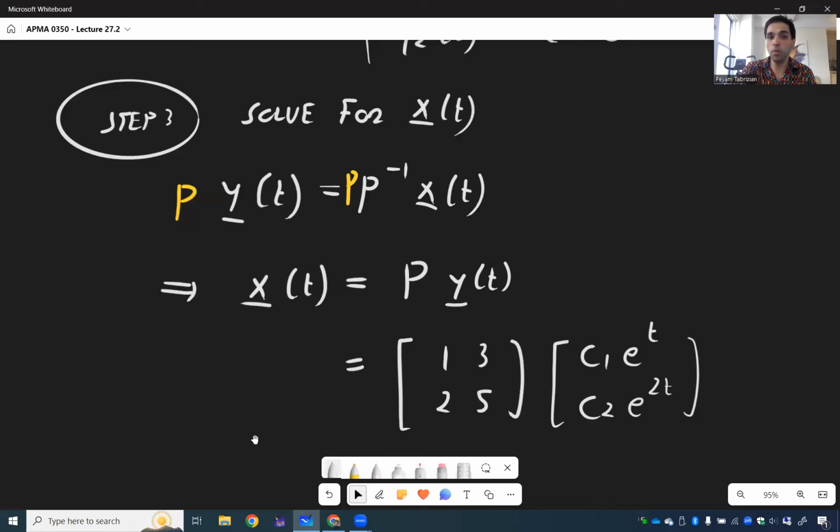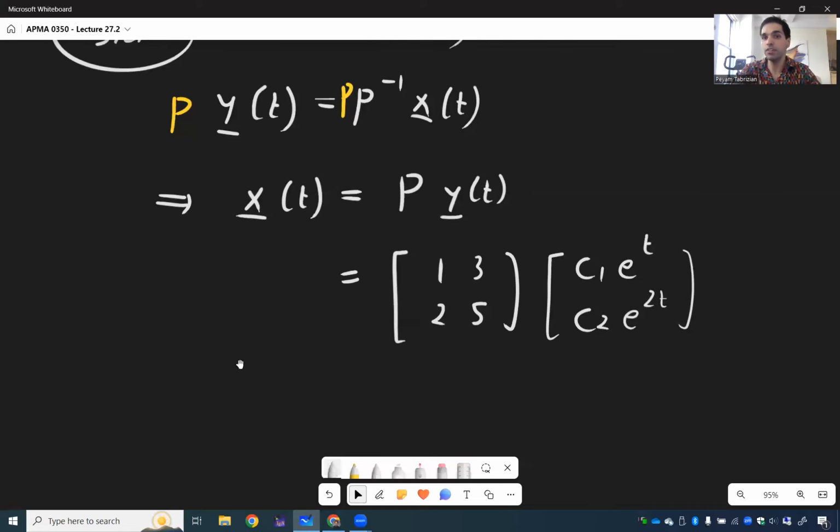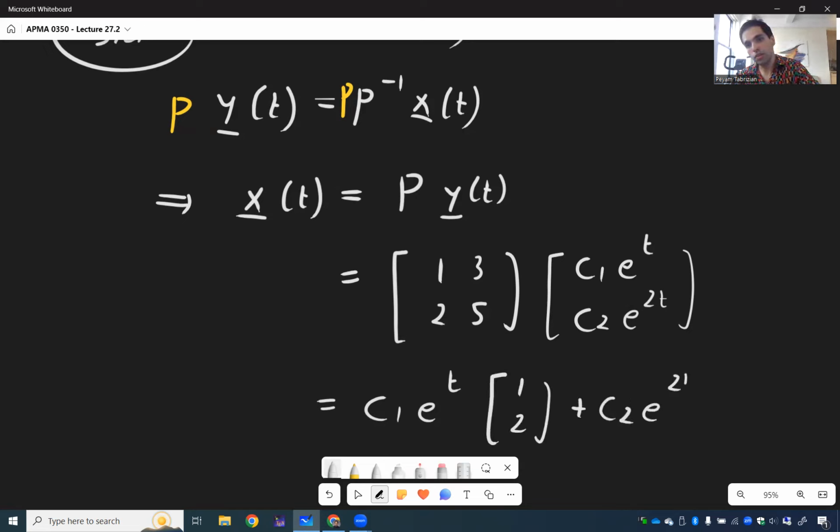And then if you just multiply a matrix by a vector, you just do it by column. So this becomes c1 e to the t times (1, 2) plus c2 e to the 2t times (3, 5). And that is your solution x of t.